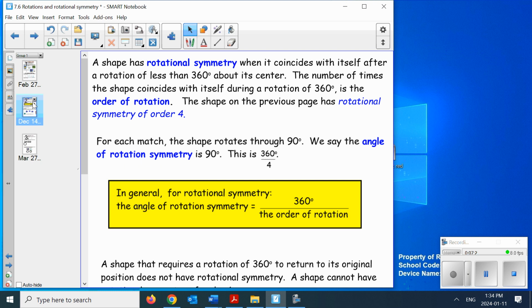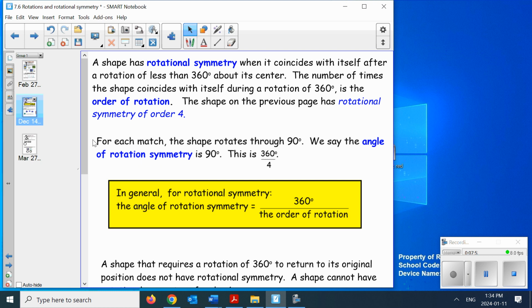You had 4 positions, so you go 360 divided by 4 on a calculator, and you'll get the smallest angle to rotate. In general, for rotational symmetry, the angle of rotational symmetry is just 360 divided by the order of rotation, the number of positions you could have.